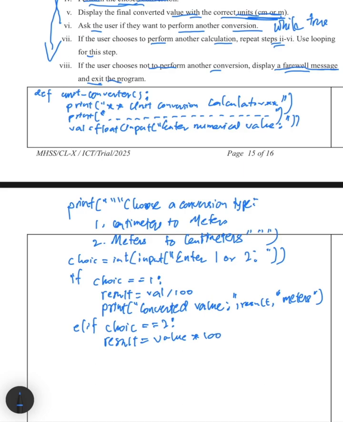So here we'll do the same thing. We'll print converted value, which is the result that we get. Then we'll write this result. Now here we'll be writing as centimeter. Since it's going to be a little longer, I'll put it as cm, centimeter.